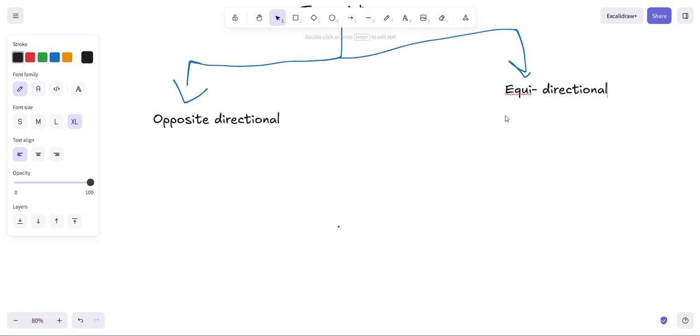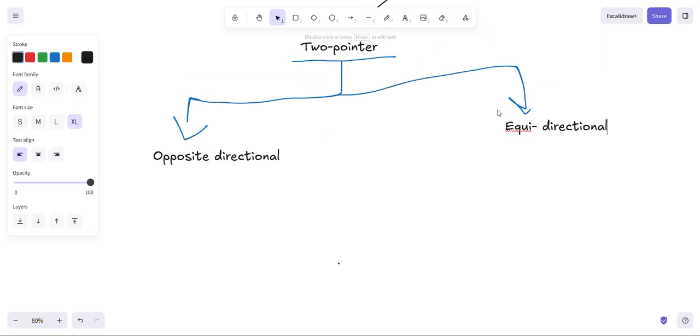These are the two common types of two pointers. What is the meaning of opposite directional and what is the meaning of equidirectional? Let's do one by one.